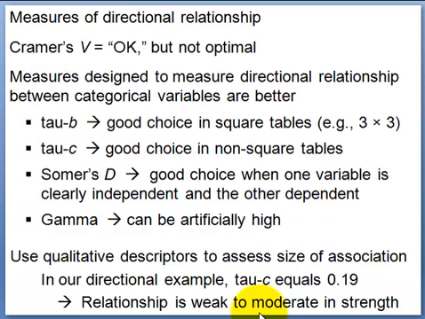I like to think of Cramer's V as getting at the overall size of association in the contingency table, without taking any account of direction of relationship. So Cramer's V is focused on all of these comparisons between percentages.